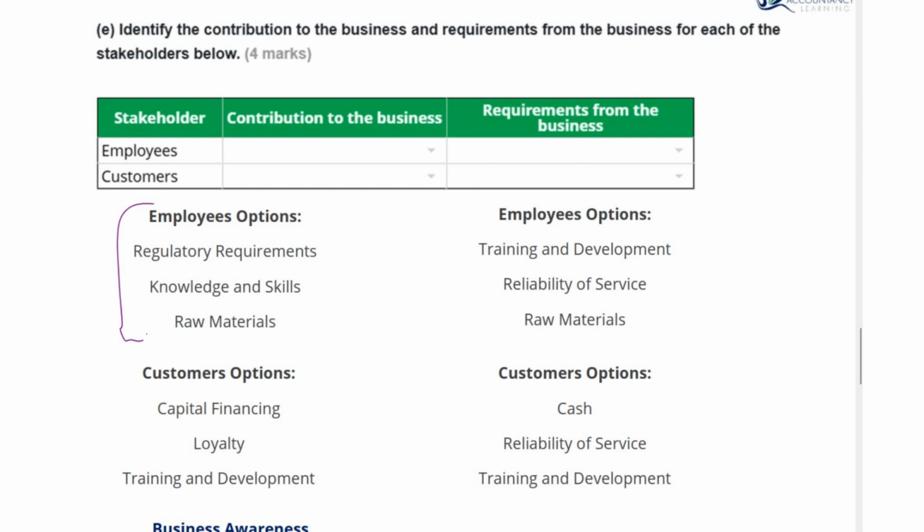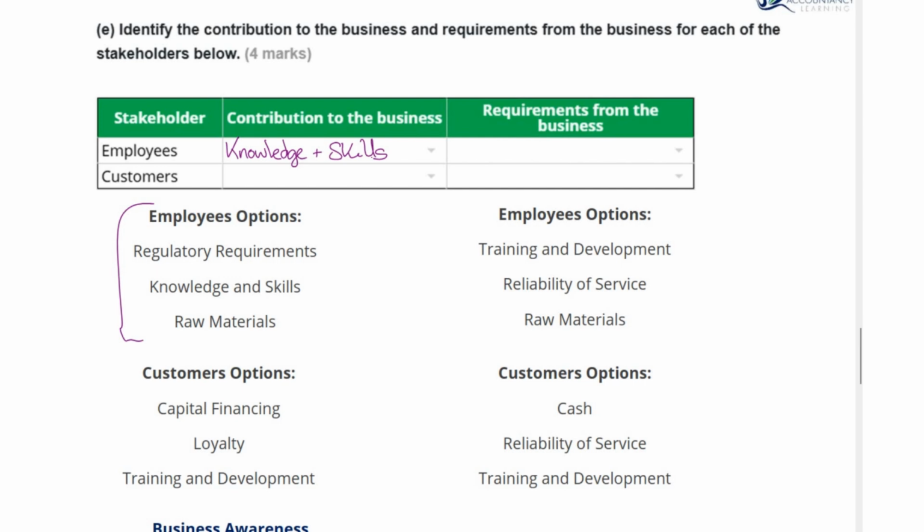So what do employees bring to a business? Out of our options, it's going to be knowledge and skills. This is because they join the business, they bring in all the knowledge they've got, all the skills they've got, and that means that they can contribute this knowledge and skills to the business to help the business grow and be profitable.